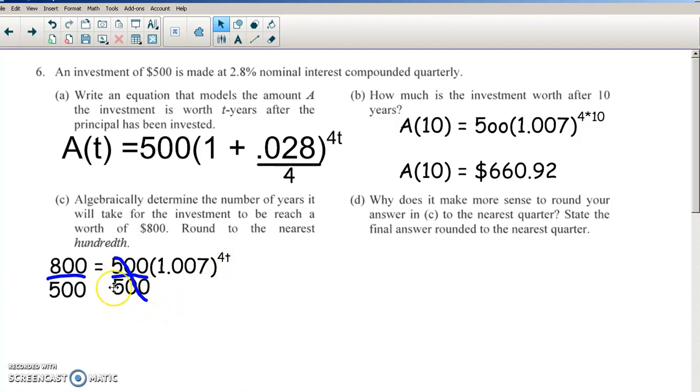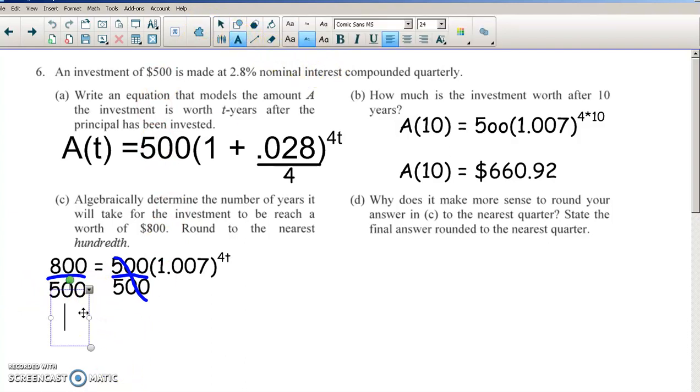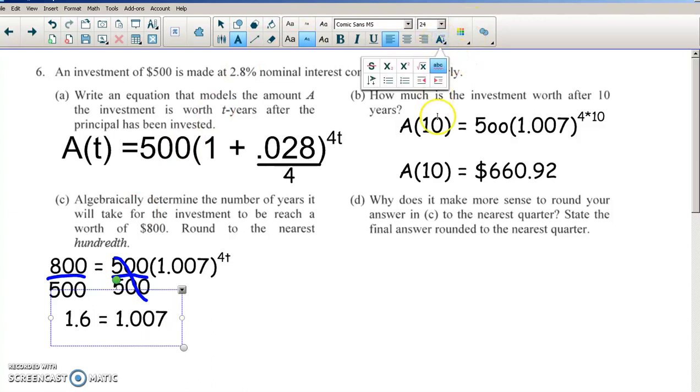I have to divide both sides by 500. When I divide 800 by 500, I get 1.6. And this is now equal to my 1.007 raised up to the 4 times the time. Now, just like before, I want to get rid of this exponent.